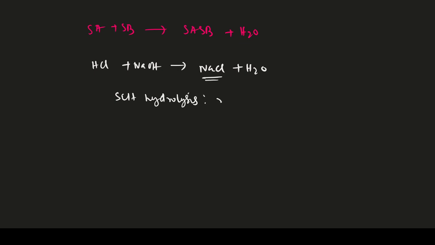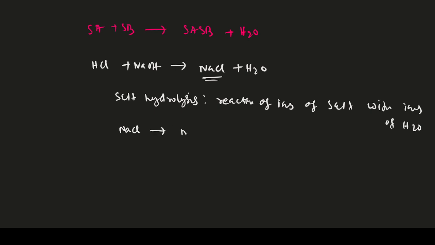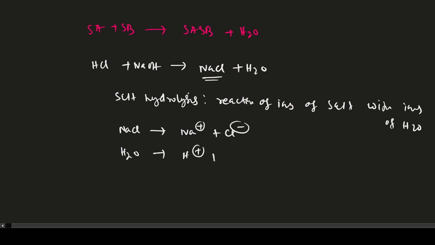Salt hydrolysis means reactions of ions of salt with ions of water. So here, ions of salt NaCl are Na plus and Cl minus, and for water that is H plus and OH minus.